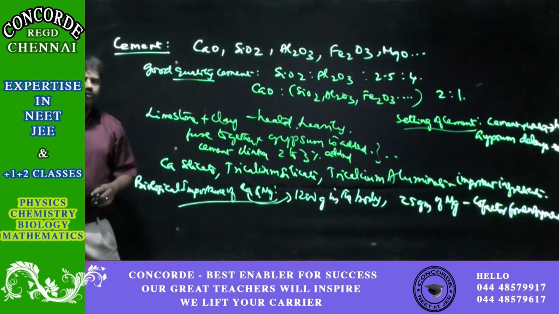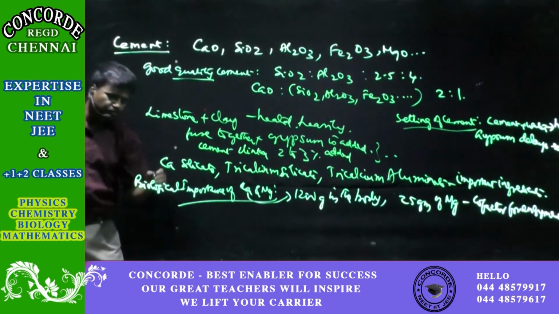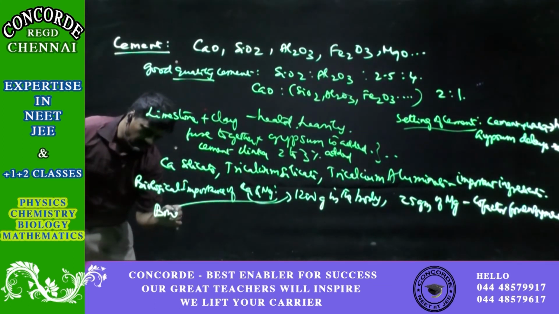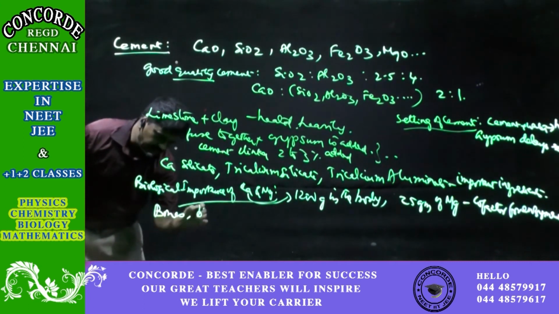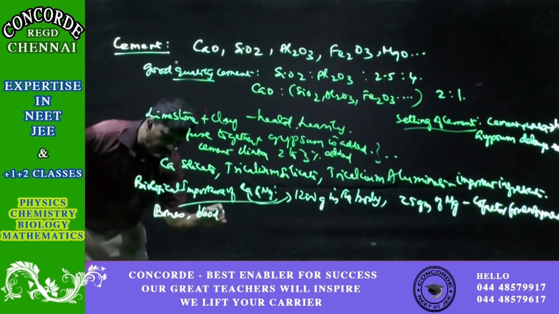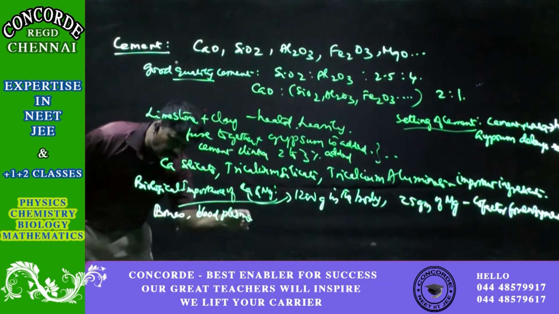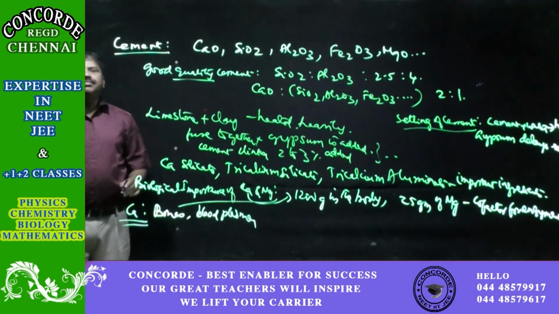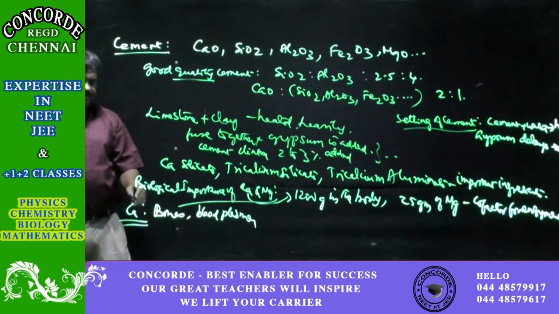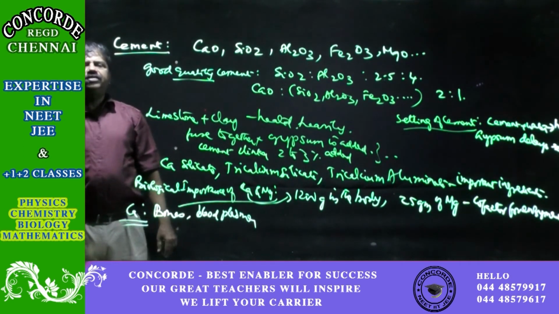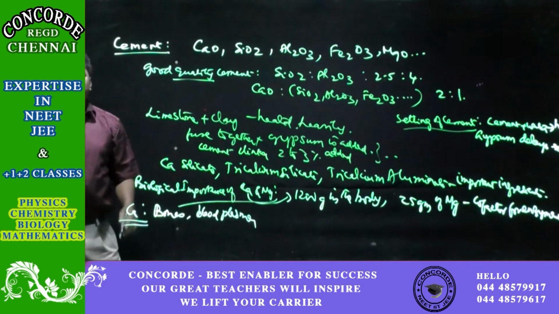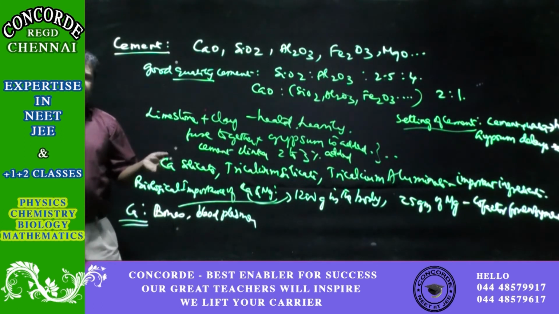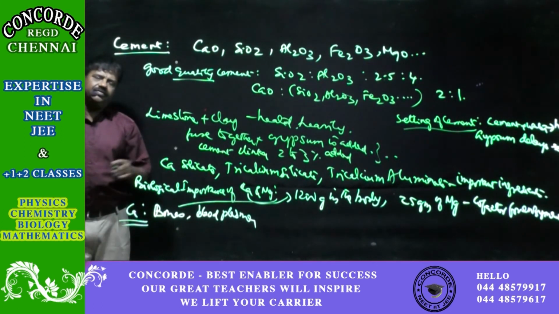But of course, 1200 grams of calcium is mostly found in bones and in blood plasma. You know very well the integral part of the bones is calcium. And you will be surprised that though the bones look rigid, there is a constant replacement of calcium from the bones.